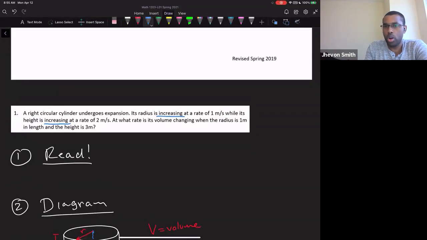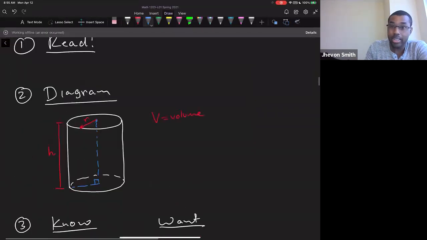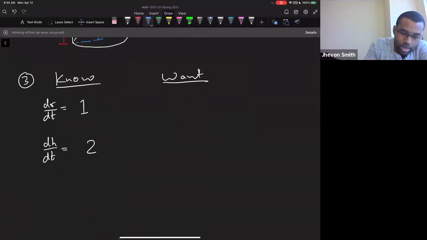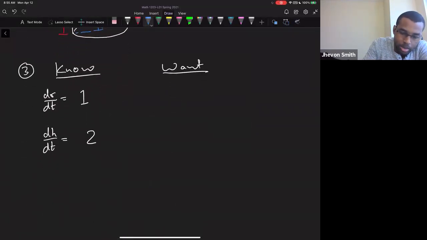So me writing down this 1 and this 2 is not as straightforward as you might think, because the sign actually matters here. The fact that this is a +1 and a +2 is very important. There are times when I would make one or both negative based on what's described. So this plus is because they're increasing.